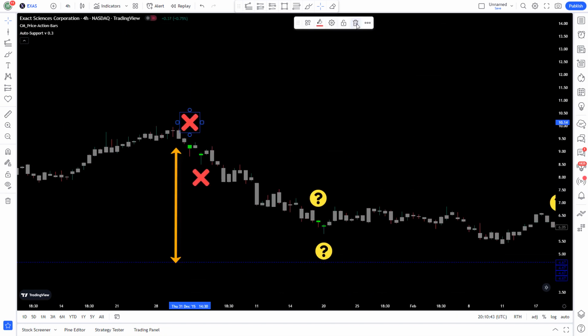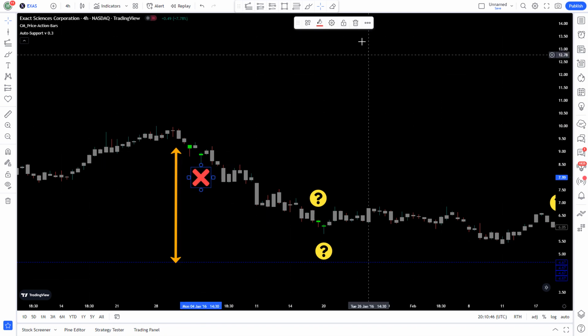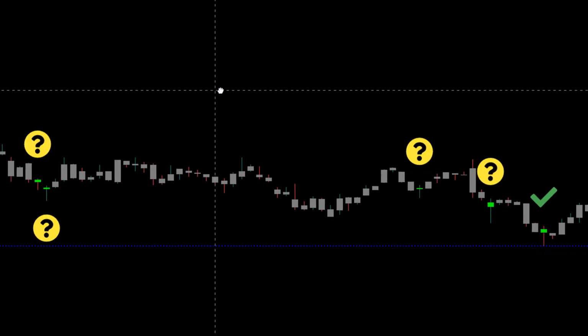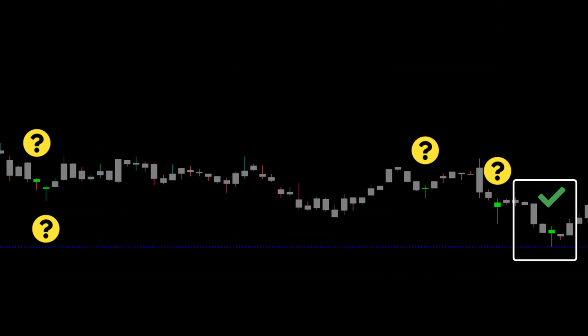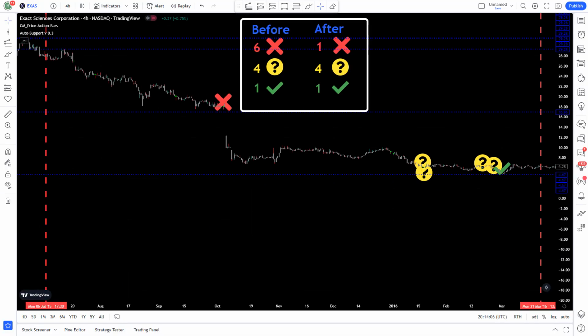Signals 5 and 6 are far away from support. We would have avoided these. The questionable trades are still ambiguous, but look how close the winning trade was to support. This was a textbook bounce. So overall, we have the same number of winners, but dramatically eliminated many of the bad trades.